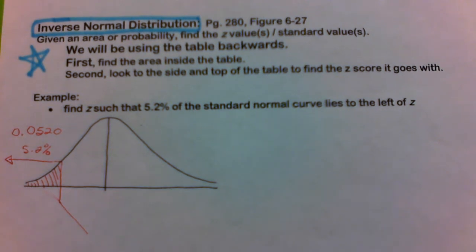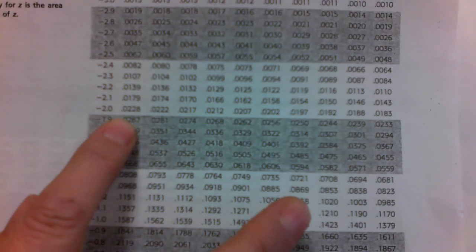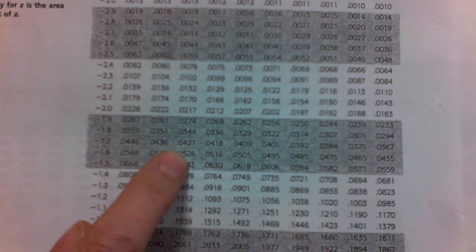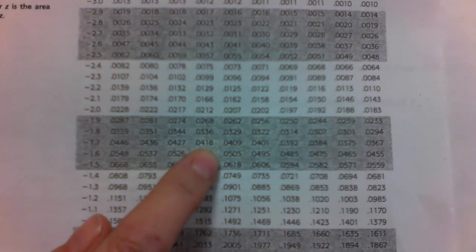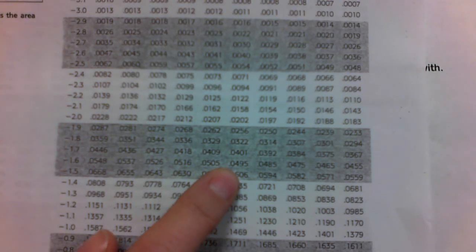So I'm going to go to the negative Z table, and I'm going to try to locate 0.0520. So here's 0.03, 0.02. I need 0.05. Here's 0.04. Let's see. Come over here, 0.0520.